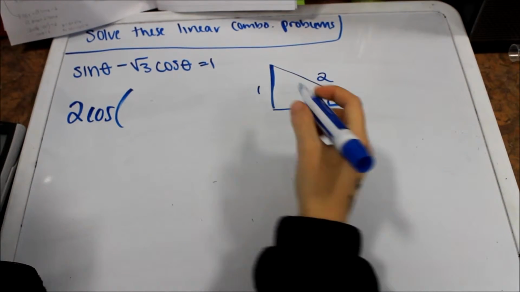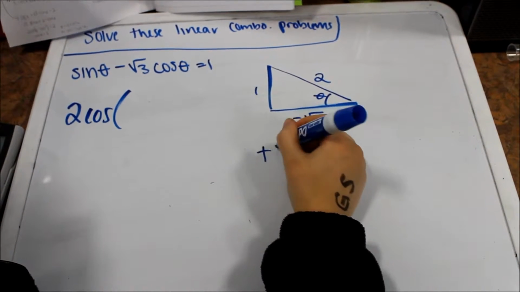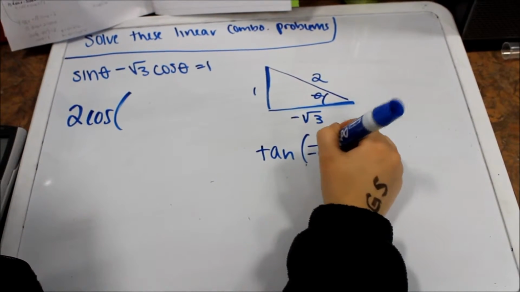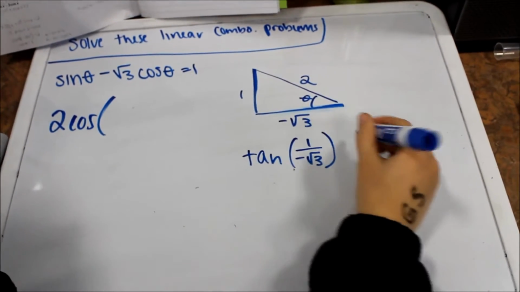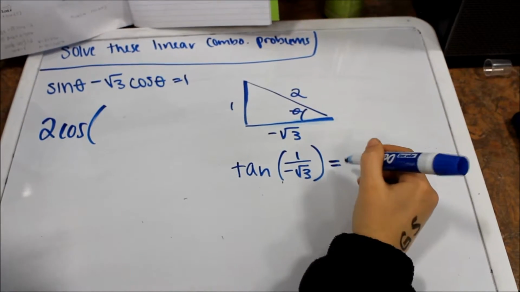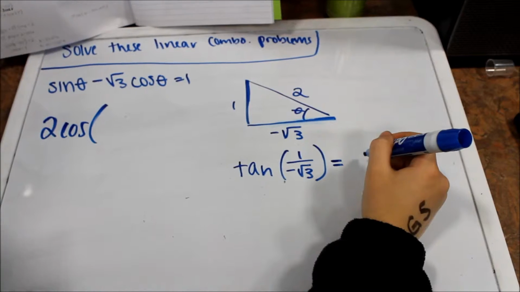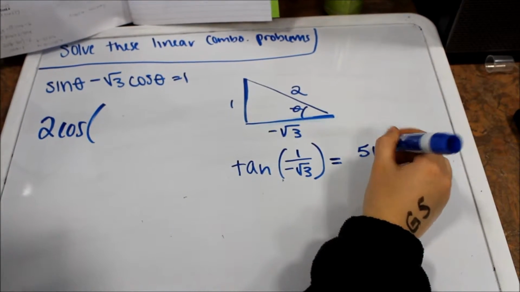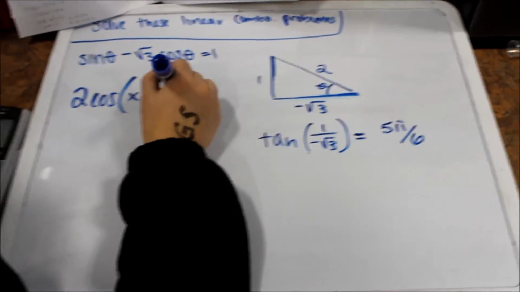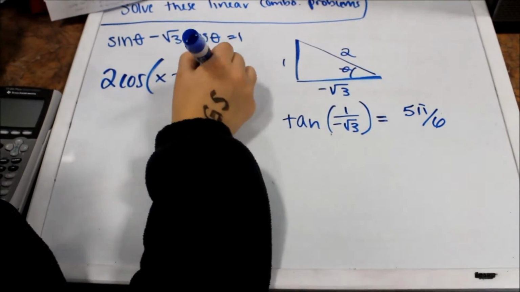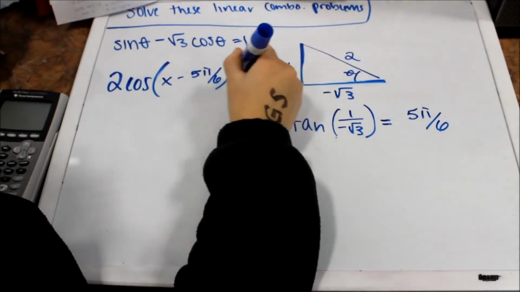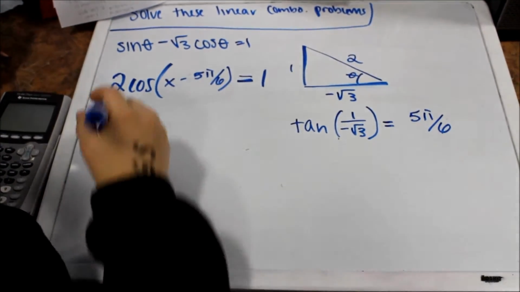To find c, or whatever you want to call it, we're going to do tangent, opposite 1 over adjacent negative square root of 3, and find whatever that is equal to on the unit circle. So our answer will actually be 5 pi over 6. So we know that this is x minus 5 pi over 6. So that's our equation. But remember, we still have equals 1, so now we have to solve it.